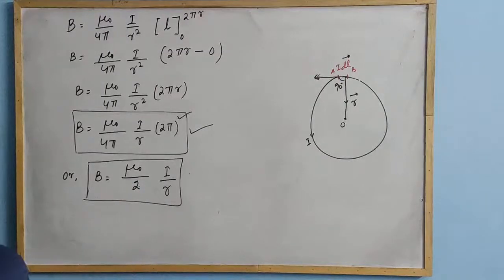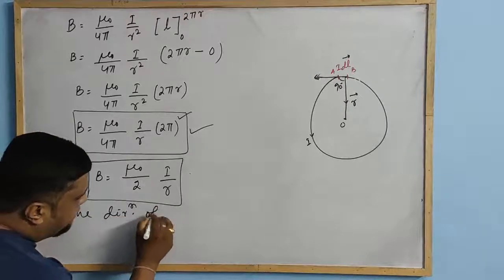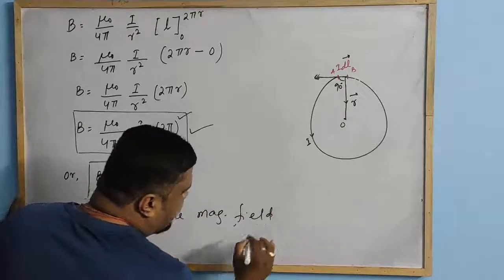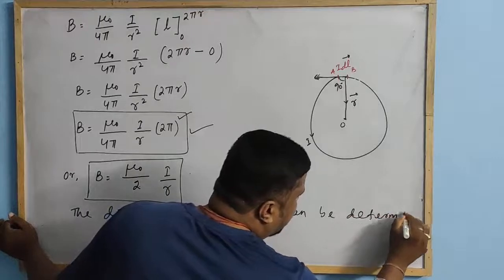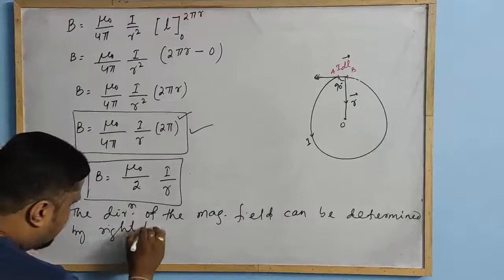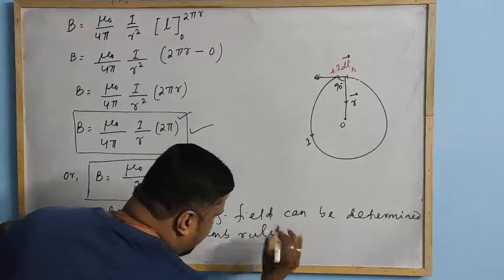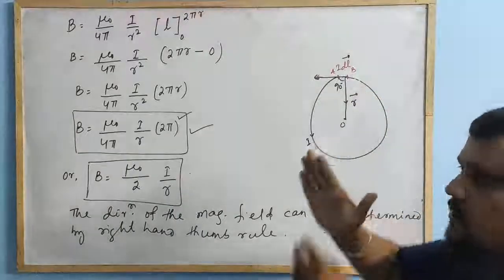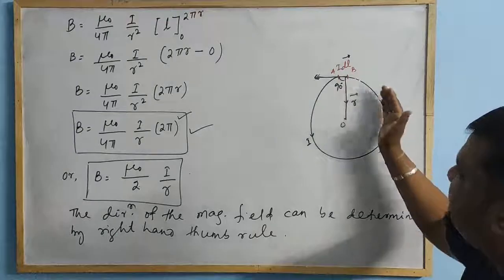So let me write here: the direction of the magnetic field can be determined by the right hand thumb rule. What is that rule? Curl the fingers, the tips of the fingers, along the direction of current.